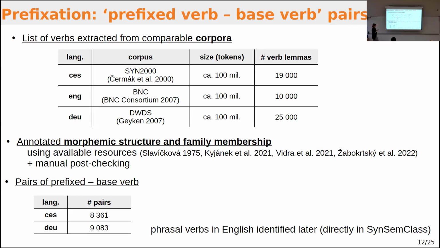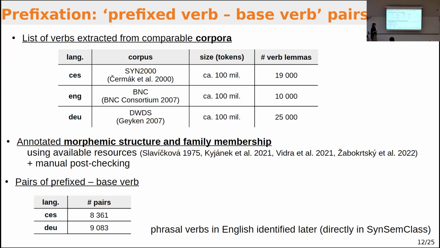They're of roughly 100 million tokens, as well as the genre distribution. So they all contain some sort of fiction texts, non-fiction texts, and newspaper texts. And I extracted a list of verb lemmas from them. It was about 19,000 verb lemmas for Czech, 10,000 for English, and 25,000 for German.